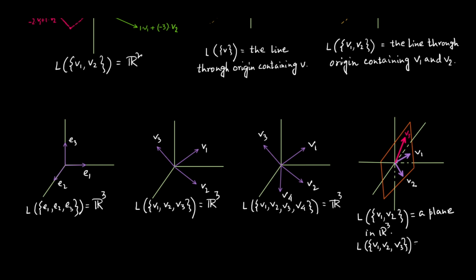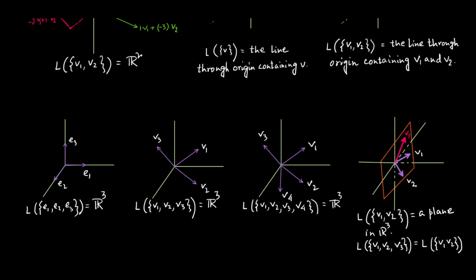Absolutely not. That will be the same plane, that will remain the same as we have got earlier. That means that will remain the same as the linear span of v1 and v2, because the three vectors we have taken are coplanar. So the span will not change.